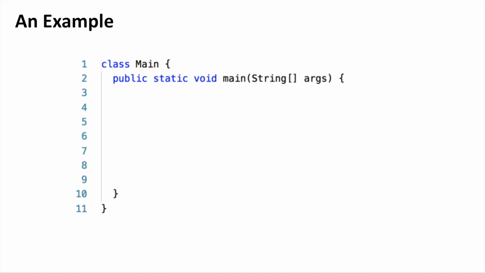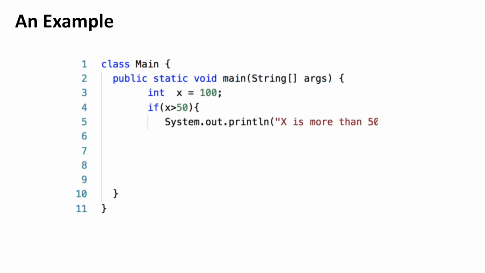Let's take a simple example here. Here is an example where we declare x as an integer and give it the value 100. Now we have a condition here. If x is more than 50, we display a message saying x is more than 50.